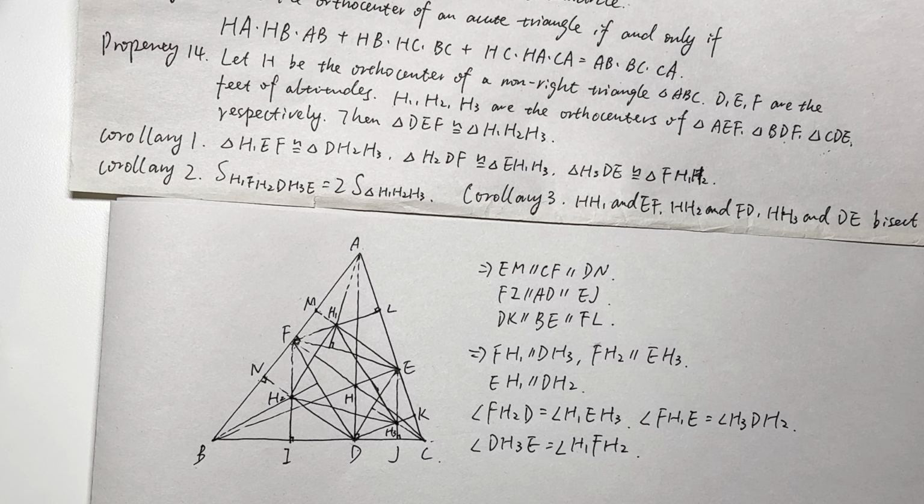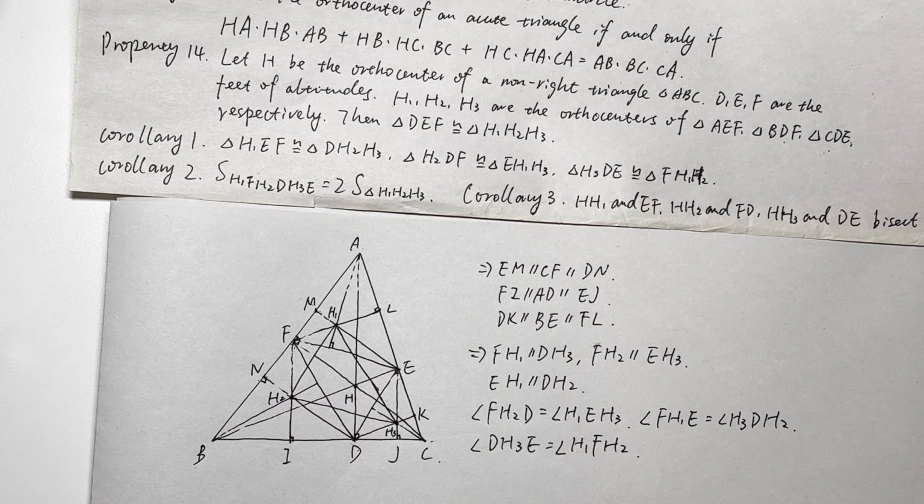We can first prove that triangle DEF is similar to triangle H1, H2, H3, and then we find that one side of the triangle H1, H2, H3 is equal to the corresponding side in triangle DEF. Then we just prove they're congruent.